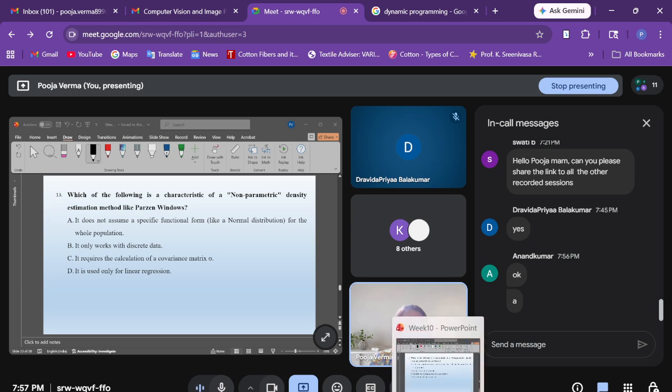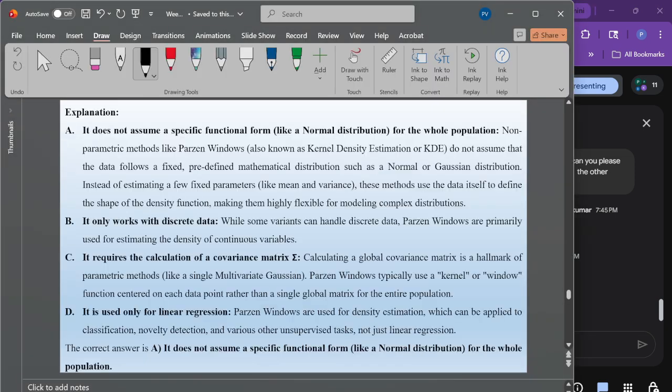Okay, option A. Let's see quickly the detailed solution. We will move to the options. So yes, it does not assume a specific functional form like a normal distribution for the whole population. A non-parametric method like Parzen window, also known as kernel density estimation, doesn't assume that the data follows a fixed predefined mathematical distribution such as a normal or Gaussian distribution.